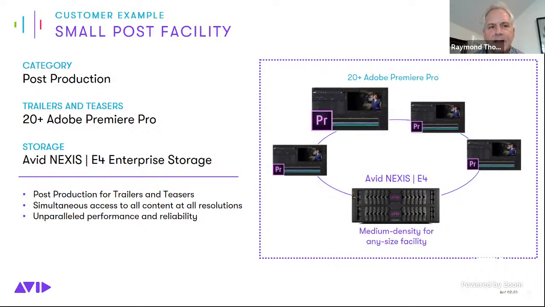And then last but certainly not least, the most applicable example for editorial management is in a small to medium-sized post facility where you have multiple Premiere Pro clients sitting on the Avid NEXIS file system, leveraging editorial management to search for, find, and edit content, and ultimately achieve that higher level of interoperability between the platforms.